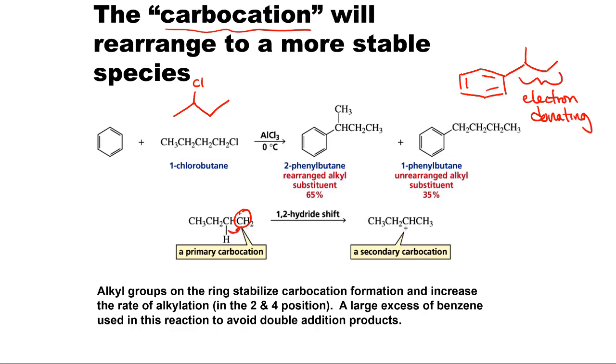Because they're electron donating groups, when you bring another electrophile to the benzene ring, it reacts more quickly. The relative positions are the 2 and 4 positions; we'll talk about that later. But the first alkylation is actually the slowest alkylation, and the second and the third alkylations are the fastest.